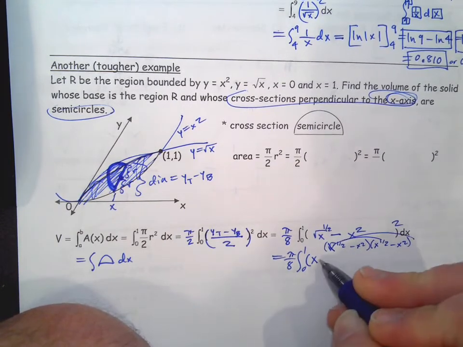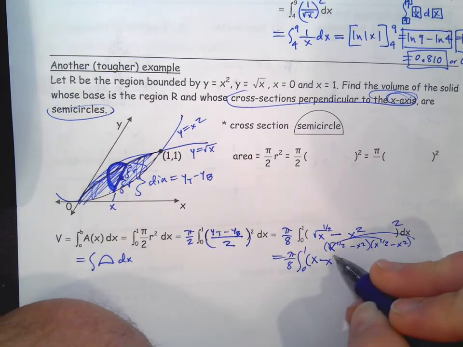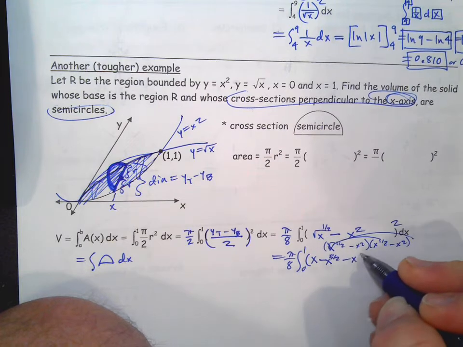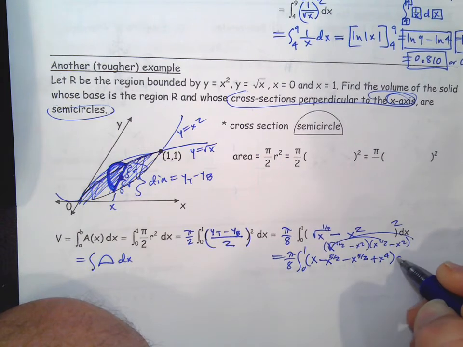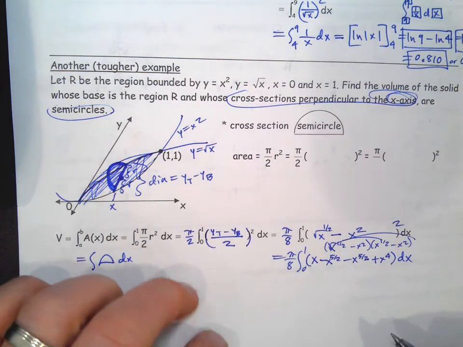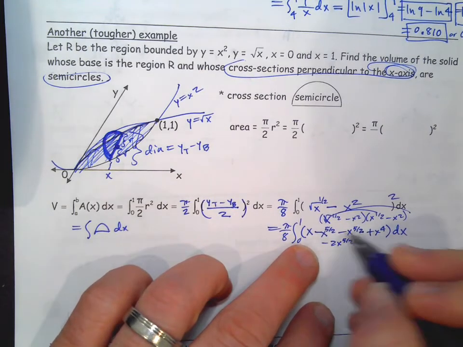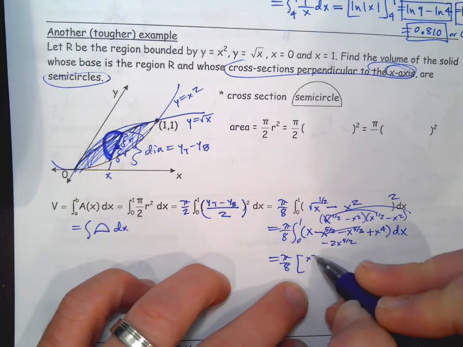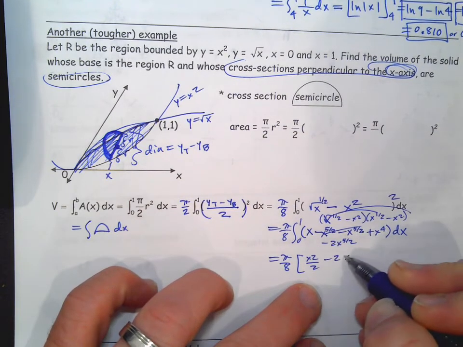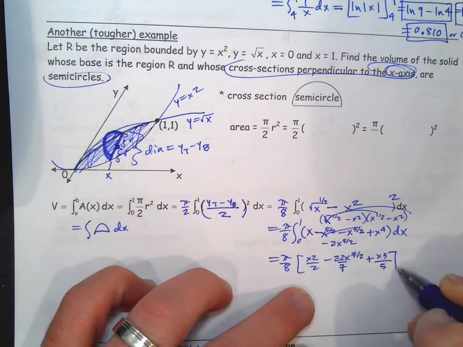This is going to be minus x to the, you add the exponents, rules of exponents, so it's 5/2, minus x to the 5/2, plus x to the 4th dx, right? And so that's going to be minus 2x to the 5/2 when you combine those together. So the antiderivative is going to be x squared over 2 minus 2x to the 7/2 divided by the new exponent, multiplied by the reciprocal, plus x to the 5th over 5, 0 to 1.